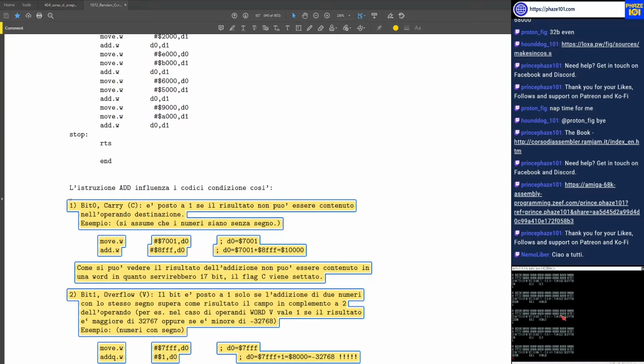Now we're going to deal with two negative numbers. So 9000 is a negative number, and we moved it into D0. We moved into D1 also 8000, an 8 and 3 zeros. Okay, when we add them together, both of them are negative numbers, so the V flag is set and the carry is set.